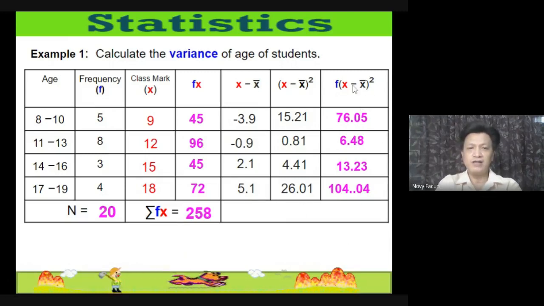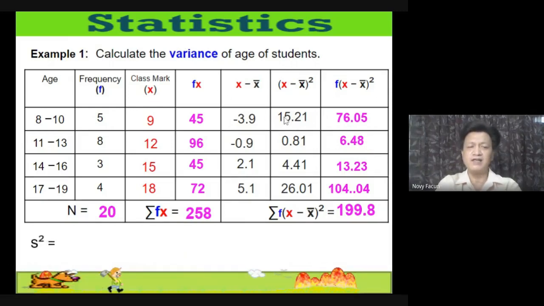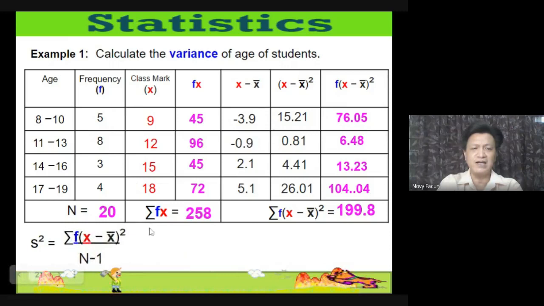Kapag nakompleto na natin yung product of the squared of the mean deviation, we can now get the summation or i-add lang natin. 76.05 plus 6.48 plus 13.23 plus 104.04. Ang total niya ngayon ay 199.8. Okay, so with that, kapag nakompleto na natin yung table, balikan na natin yung formula natin for the variance. Ano ba yung kailangan lang natin dyan?